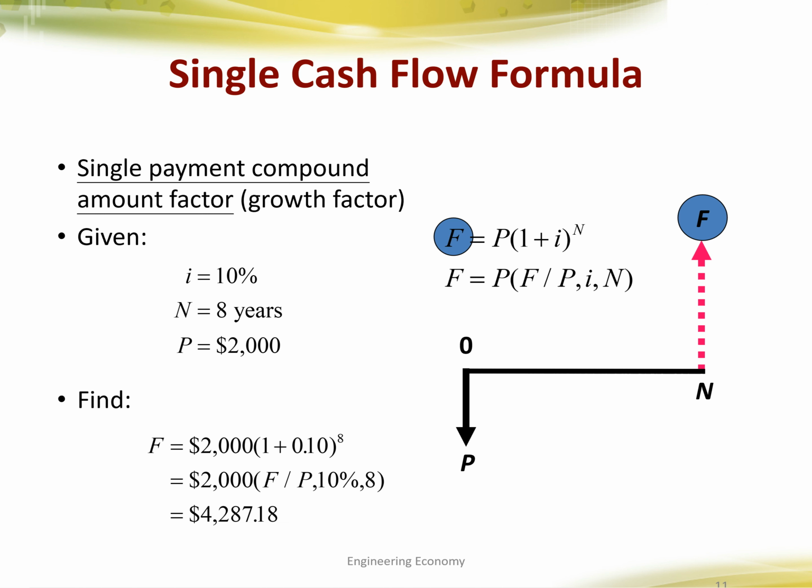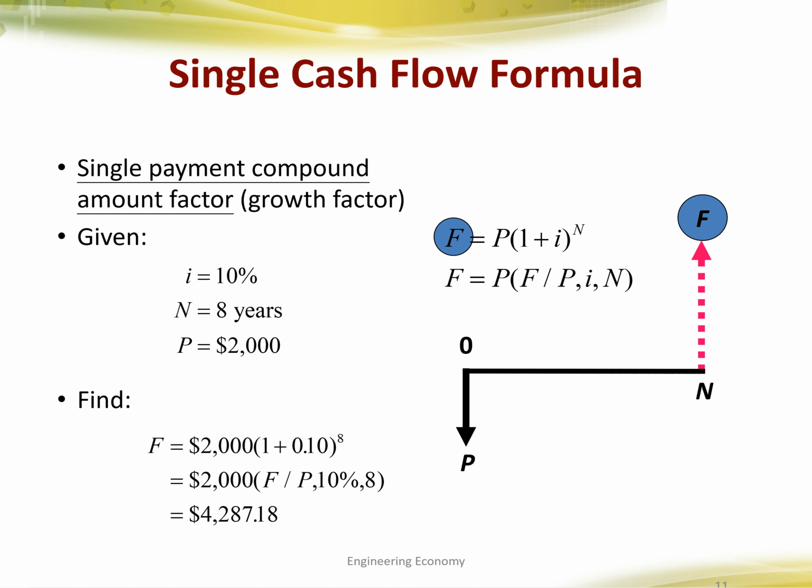So in this particular case, if we are looking at 10% interest rate, period of 8 years, and the present value is 2,000, we want to find future value. So future value equals present value times 1 plus 10% to the 8th power. We can write it this way, and we can compute, which will give us 4,287.18. But we can represent that formula by this symbol, that is, given P find F, comma 10% and 8 years.